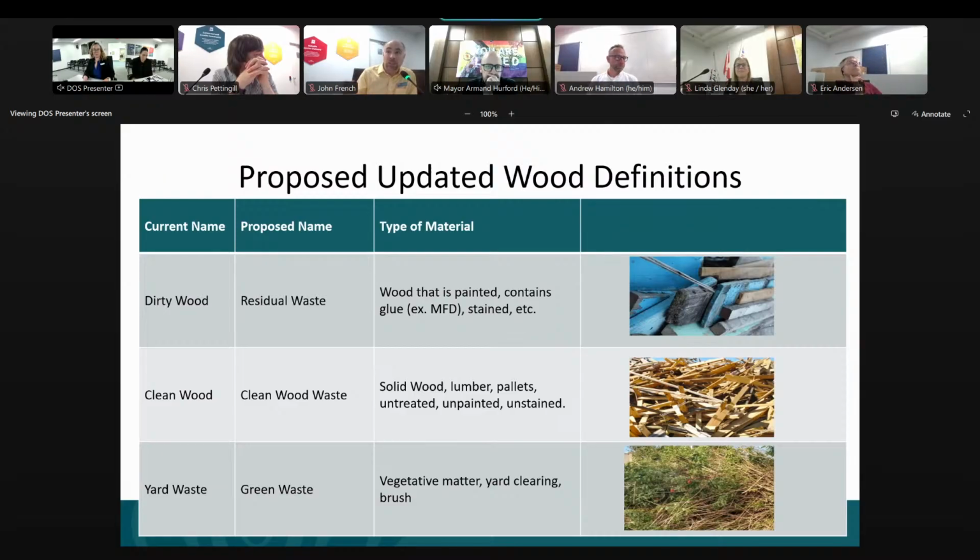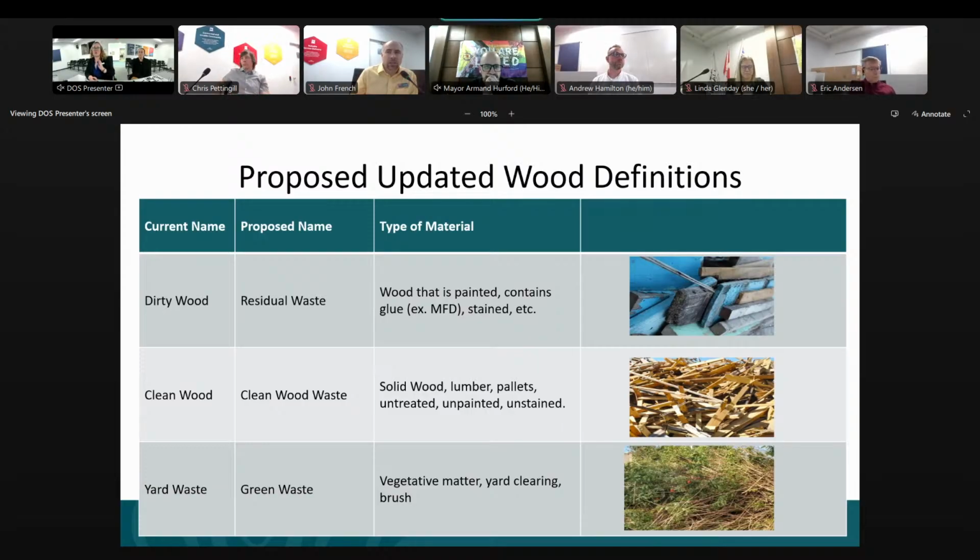So I'm presuming that's a conscious decision. And for instance, pallets that are stapled together are accepted as clean wood because those metal products get taken out in our chipping process. Is that correct? Great, thank you.